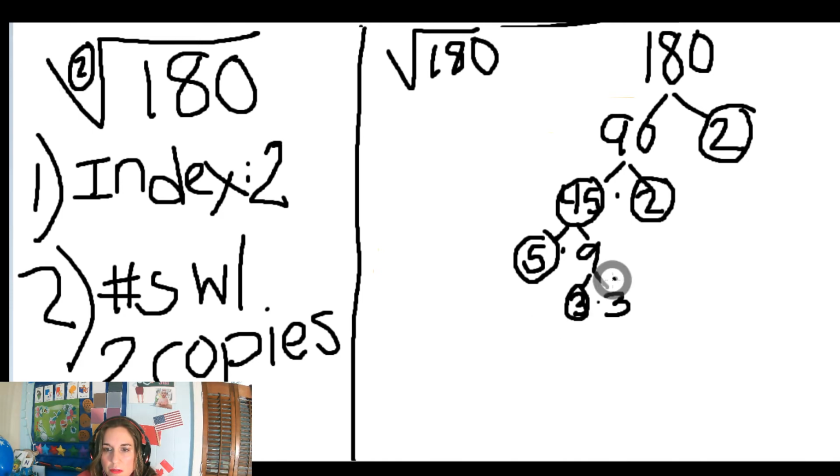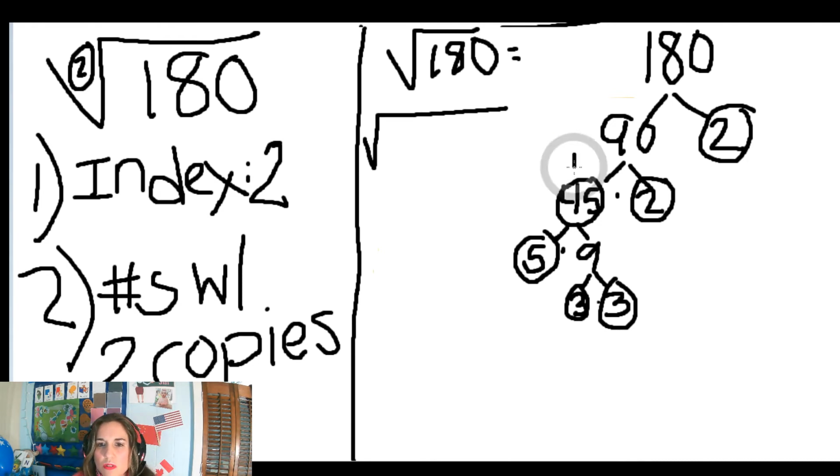Aha, I now have reached the end where everything is prime, okay? So it's fair to say that the square root of 180 is equal to the square root of 2 times 2 times 3 times 3 times 5.